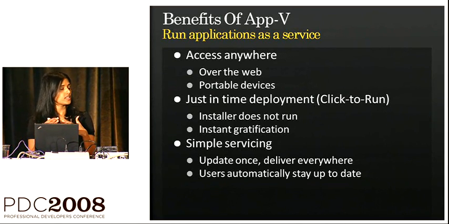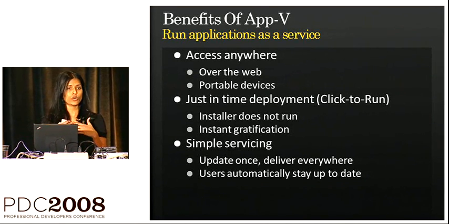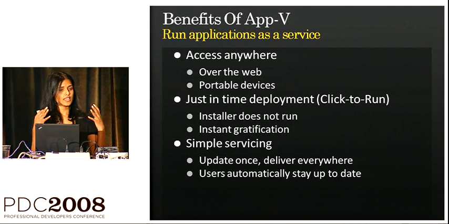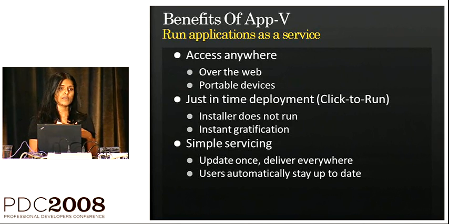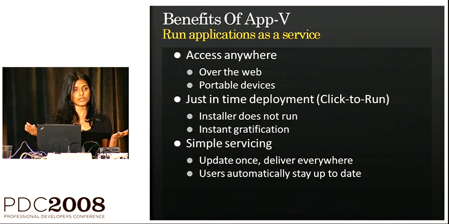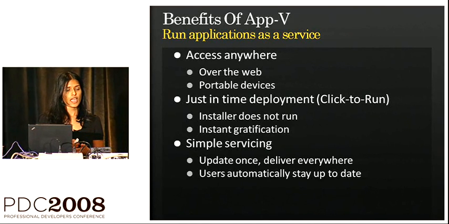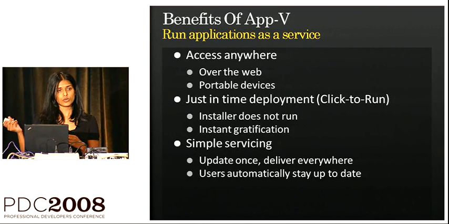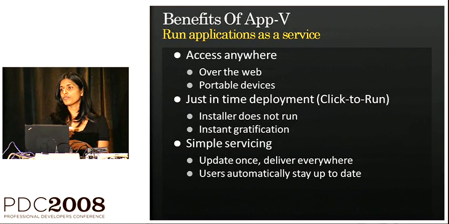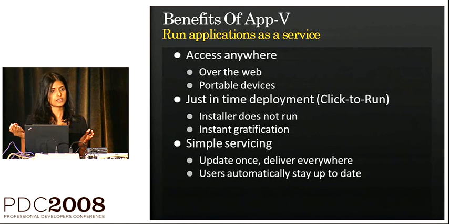Basically, they use one of our tools, they repackage the application, and from there they create what we call an AppV application or a virtual application. You can take this virtual application and put it up, let's say, on a web server, or you could also put it up on any portable device like a USB key. And this allows you, just like with any other web application, to run it from pretty much anywhere.